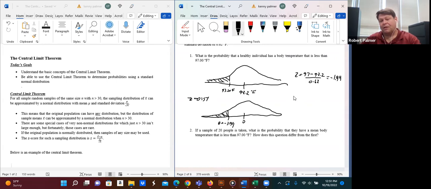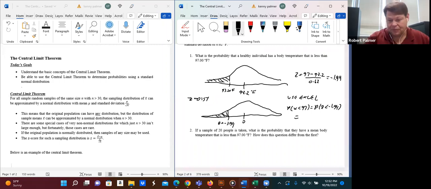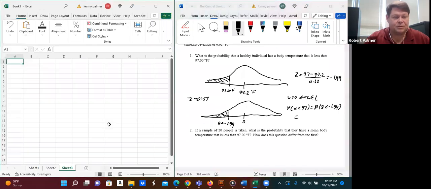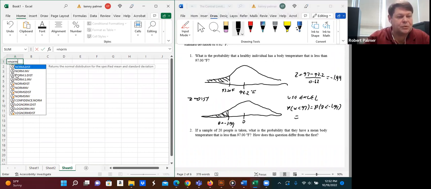Now I'm going to use Excel. Okay, so the probability that x is less than 97 is the same as the probability that z is less than negative 1.94. And let's go to Excel. The way to do that in a normal distribution is first do equals and type in NORM. Now we go to this one that says NORM.S.DIST.